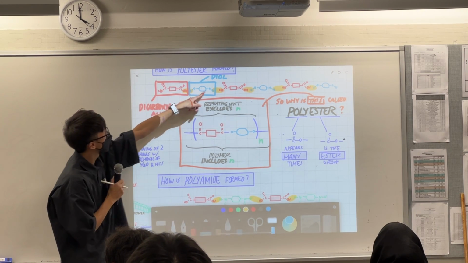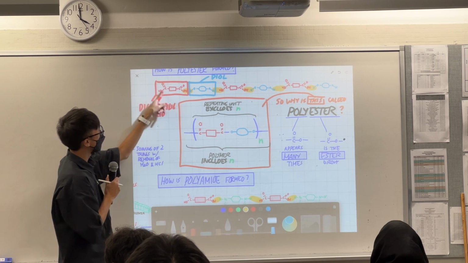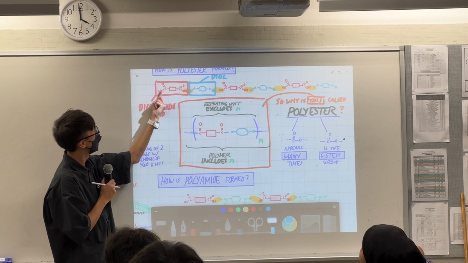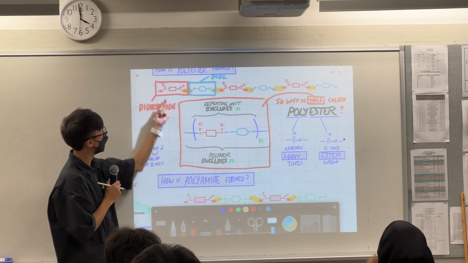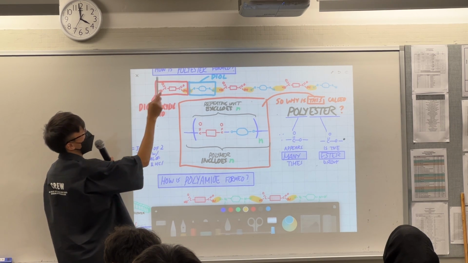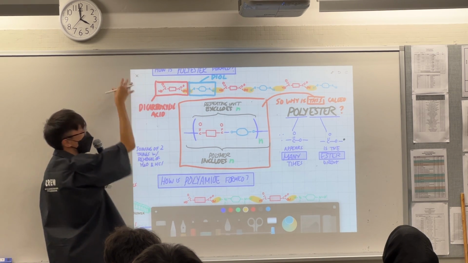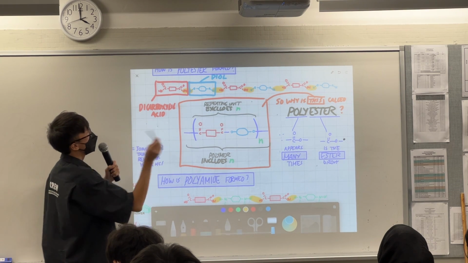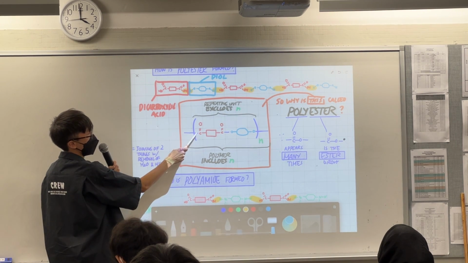Then there will be an H from a diol to condense with the OH group, which means we don't have to really show the OH group on this end of the molecule. You see I did not include this OH here, because it can potentially condense with another H from a diol which I did not draw. So this is why you start from the CO double bond when you draw the repeating unit.